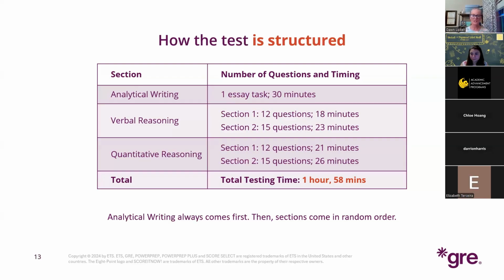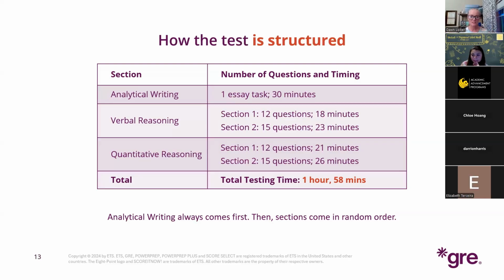But let's just say, for the sake of this conversation today, you finish analytical writing, your next section pops up and it's verbal reasoning. You'll go through both sections of verbal reasoning. There won't be any kind of a break. It'll be seamless. You'll go from one section directly into the other.